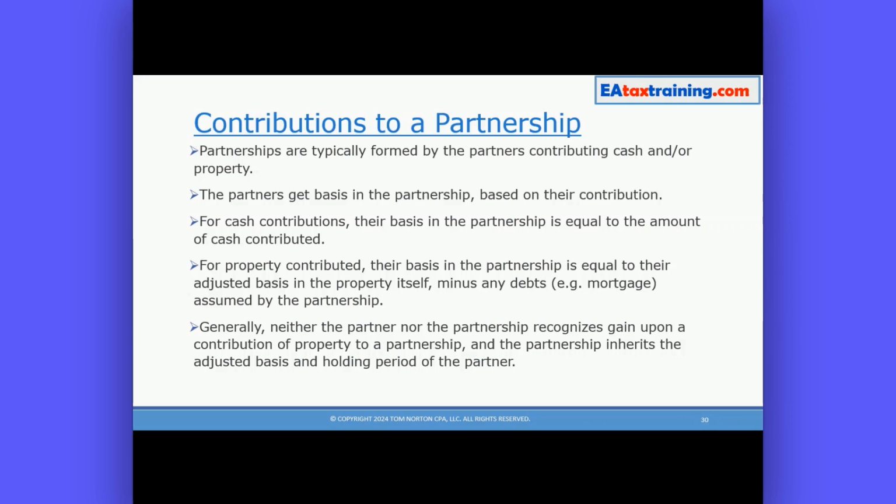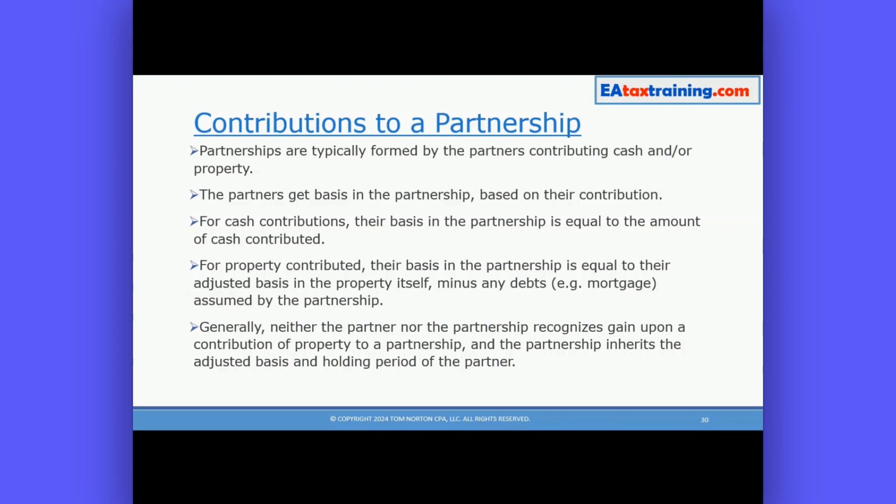So their basis that they get for contributing that building is their adjusted basis in the building itself minus the amount of mortgage that is being assumed by the partnership. So if they put in a building that has an adjusted basis of $200,000, but they've got a $100,000 mortgage on that, then their basis in the partnership is going to be $100,000 for that contribution.